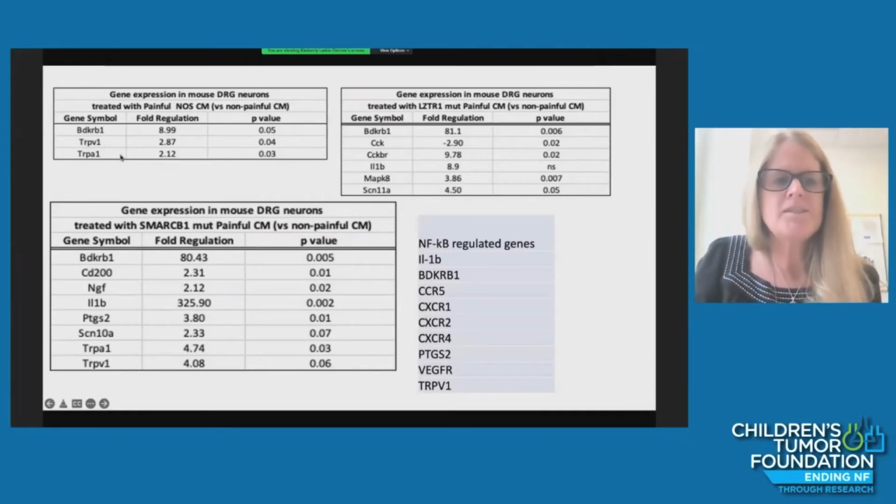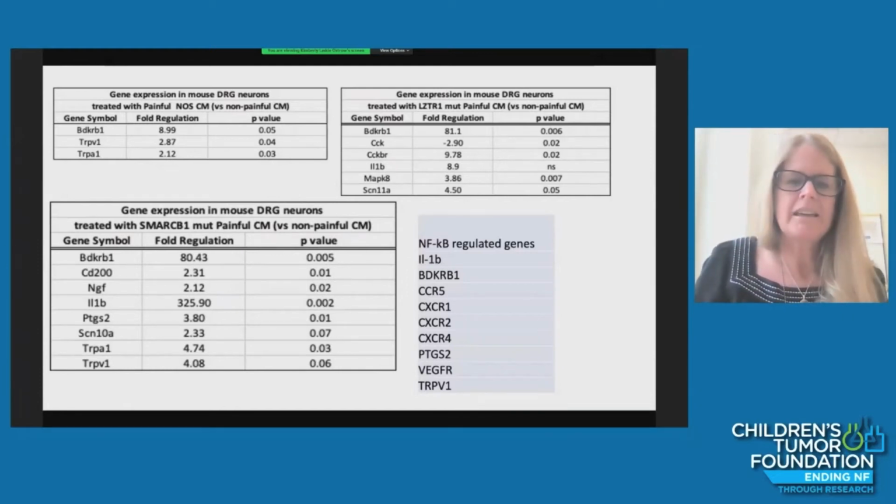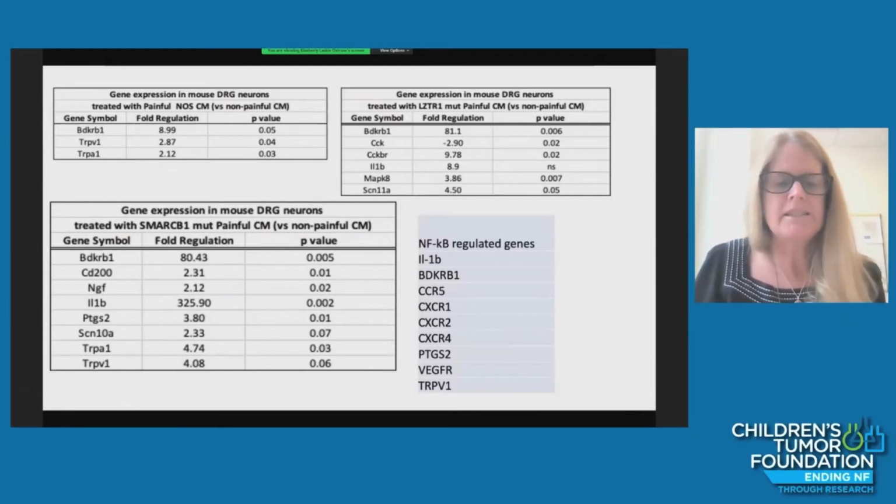We focused a lot on TRPV1 and TRPA1, and the pathway being that cytokines will either act directly on TRPV1, TRPA1, or something would, and looking at downstream calcium signaling and seeing if those make the pain more pronounced.